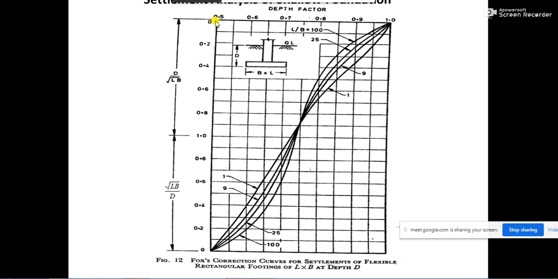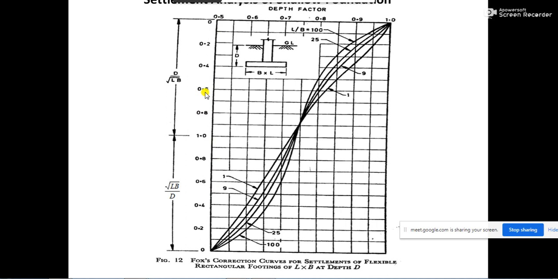Along the y-axis, there is a point almost at the middle of the chart, that is 1. That value is 1, and if you observe, it goes above this level. That means when it is going up, you see the values are reducing.